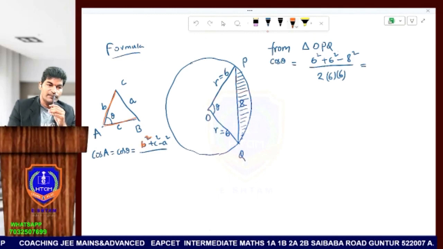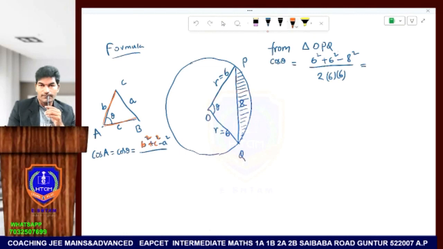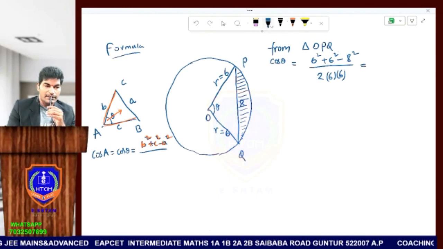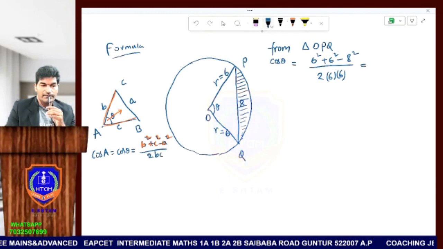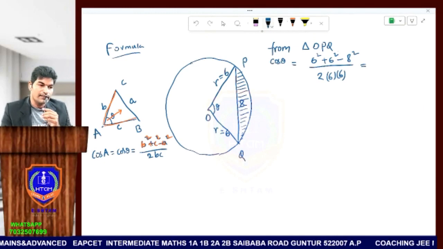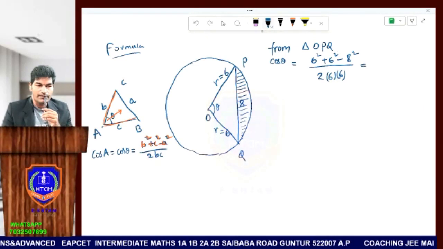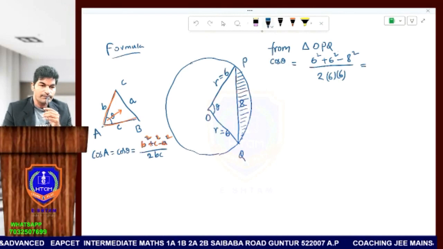The side opposite that angle is subtracted, minus A square. That is the formula to calculate the cos theta value. From that cos theta, you will get the theta value.